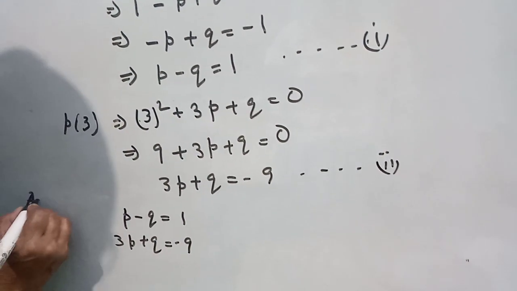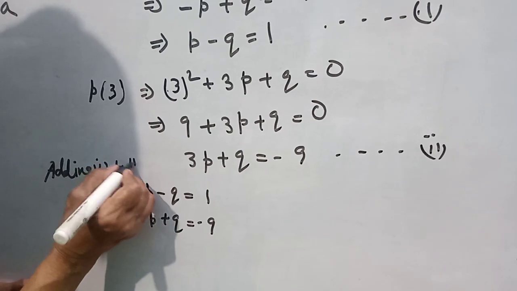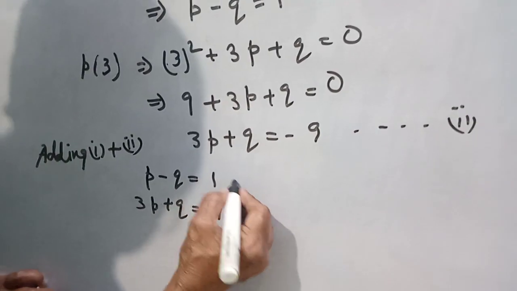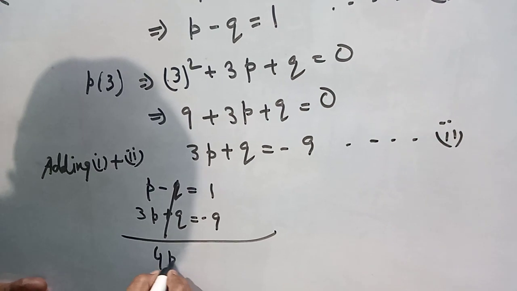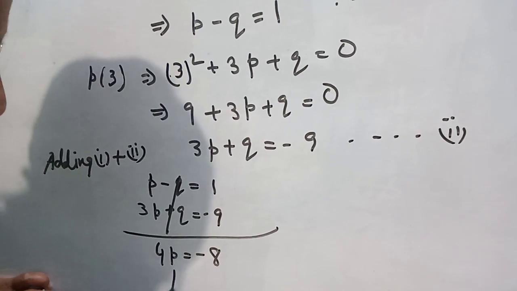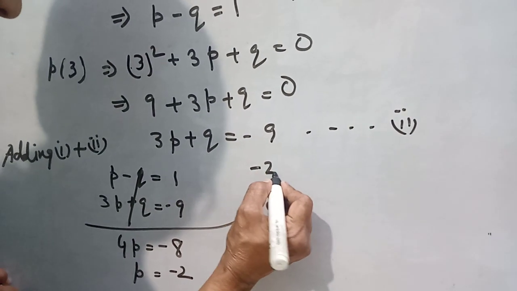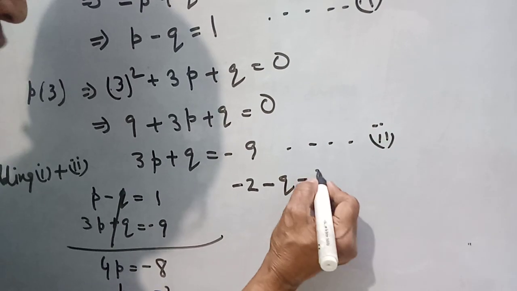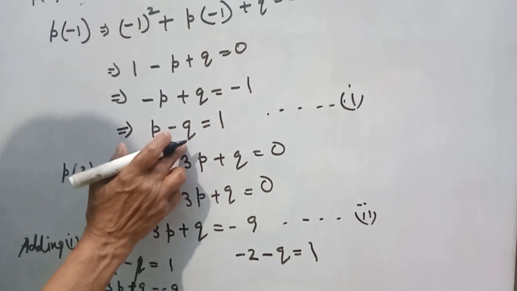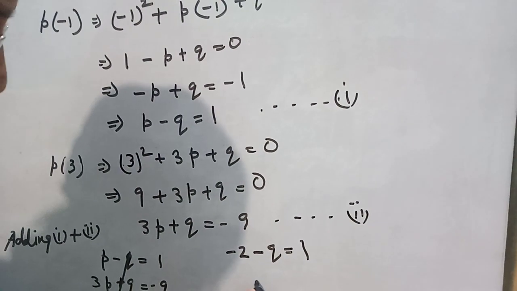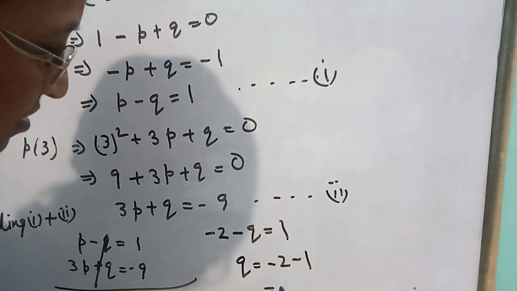I am adding 1 and 2. These two will cancel. Then this is 4p is equal to minus 8, so p is equal to minus 2. Now put the value of minus 2 in equation 1: minus 2 minus q is equal to 1. So q is equal to minus 2 minus 1, so q is equal to minus 3.